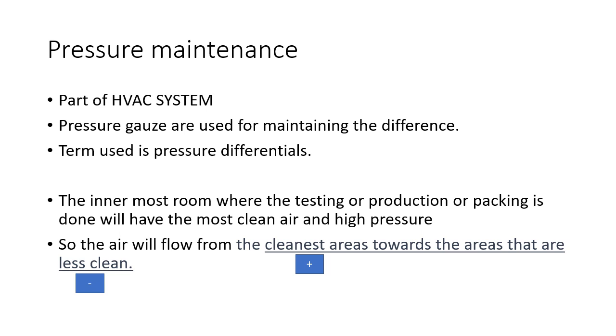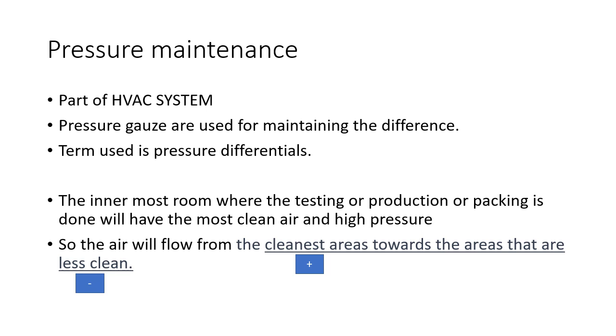The term that is generally used is pressure differentials because there is a difference in pressure between two rooms. So to maintain those values of pressure between two rooms, you use a pressure gauge through which you can take a reading.